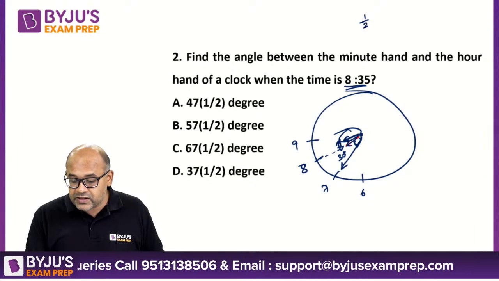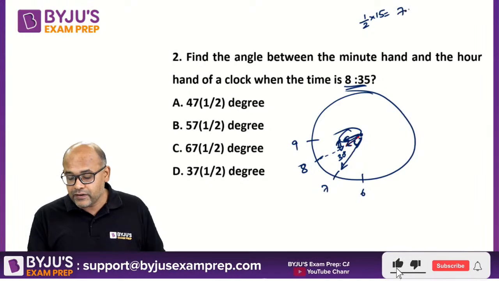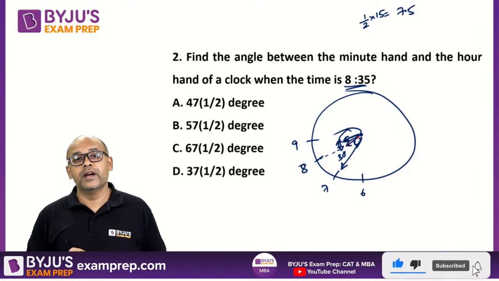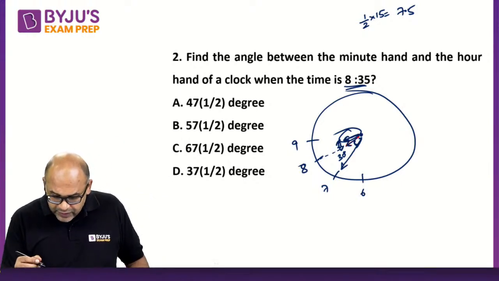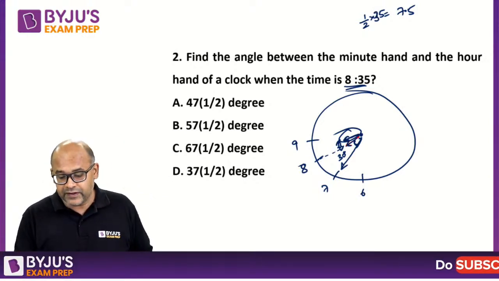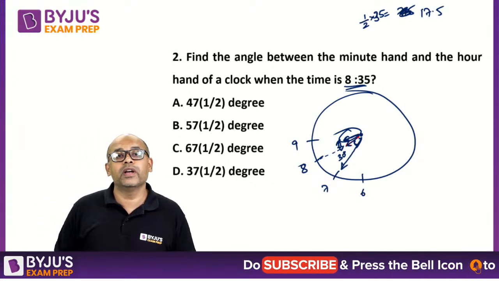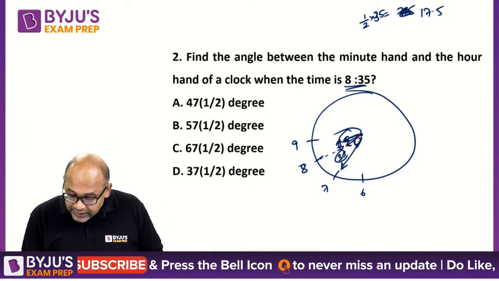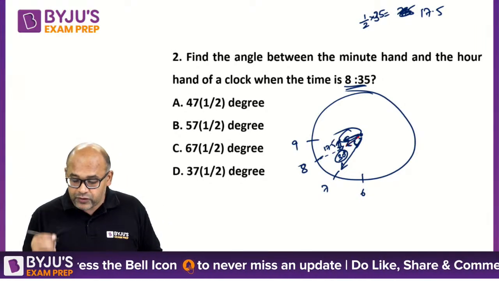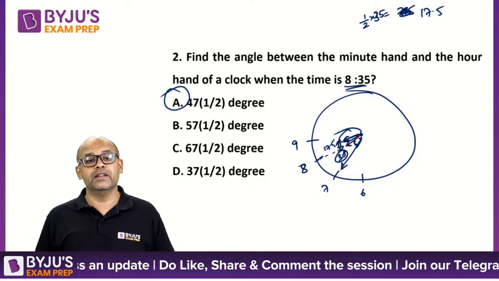Speed of the hours hand is half into 15, so this is 7.5. Is it 15? Sorry, 35, right? 35 by 2, my bad. It is 17.5. So now the answer is 30 degrees plus this 17.5, which is 47.5 degrees.